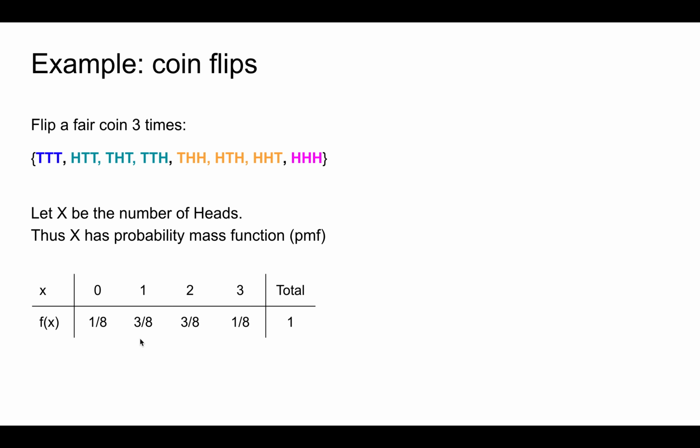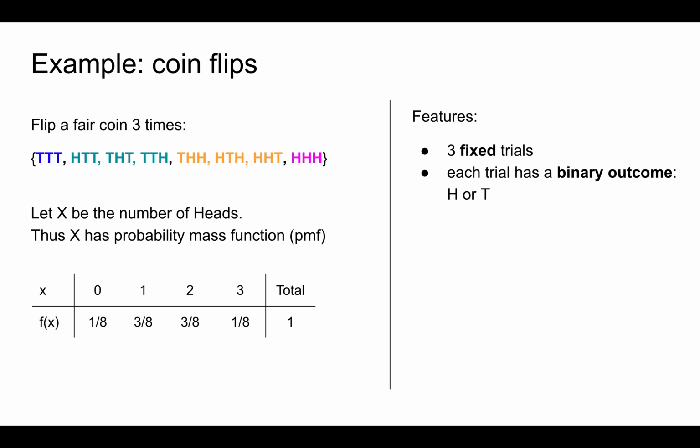This simple experiment has some special features. First, note that we have 3 fixed trials. Fixed meaning that we flip the coin 3 times every time we do this experiment. Second, each trial has a binary outcome. Specifically, in this case, we can either observe a head or tail. There are 2 possibilities.